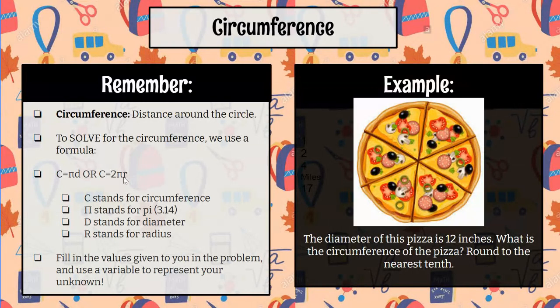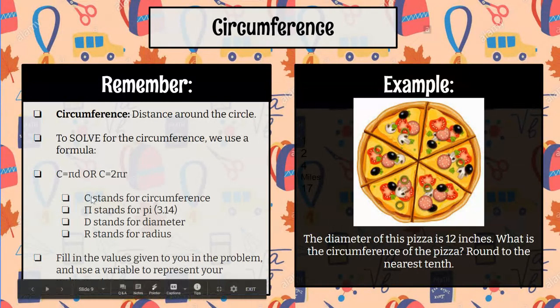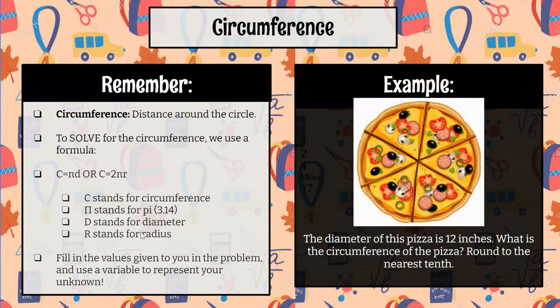And that should make sense in your head because 2 radiuses give me 1 diameter. So you have two potential formulas here. Circumference equals pi times diameter, or circumference equals 2 times pi times r. Okay, now notice C is circumference, pi is 3.14, D is diameter, R is radius.